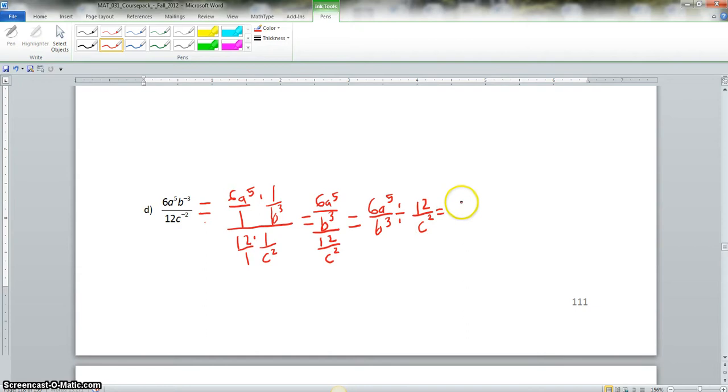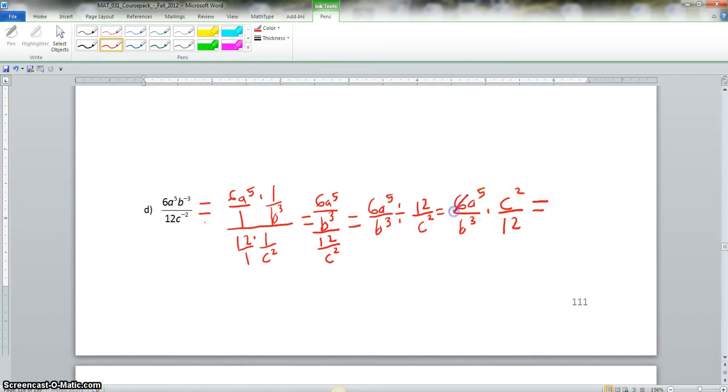So this is the same as, we'll keep the first factor the same, which would be 6a to the 5th over b to the 3rd. The division becomes multiplication, and we take the reciprocal of the second fraction. Now we can multiply. Now we can cross simplify.